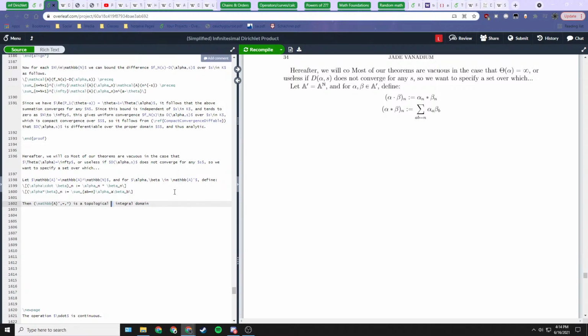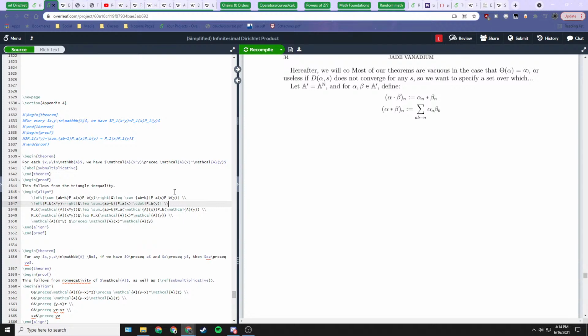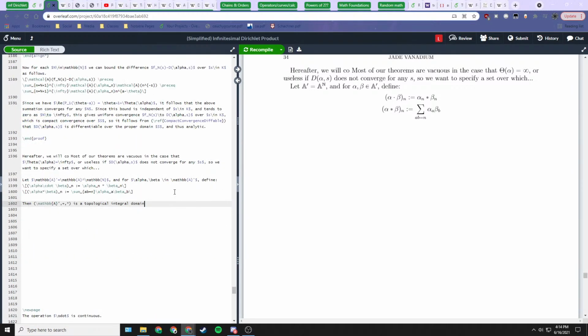That means it's an integral domain, meaning it's almost like a field, except that we don't necessarily always have division defined. It's also topological in the sense that all the operations are continuous and agree with the topology.